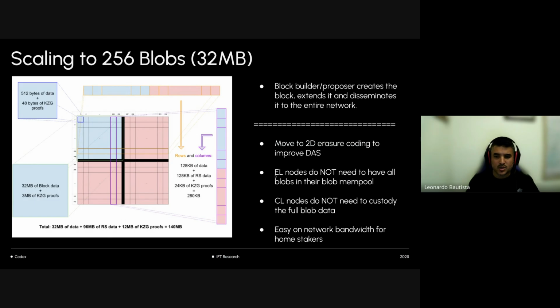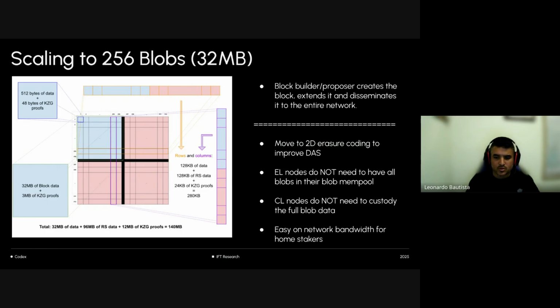The execution level nodes do not need to have all the blobs in their blob mempool. That's one of the expectations that we have, that they do not need to download all the blobs in their mempool. And also, the other requirement is that the CL nodes do not need to custody the full blob data, of course, because again, that would be too much.